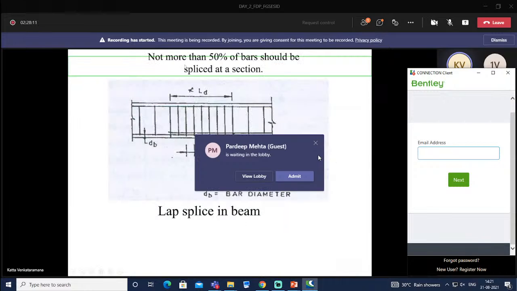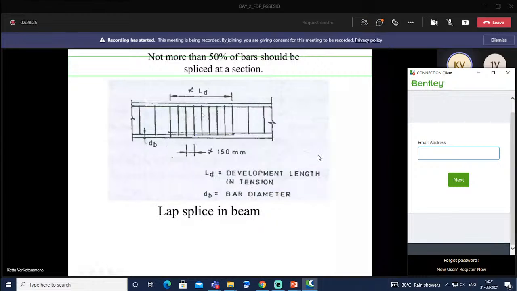And then splicing. Not more than 50% of bars should be spliced at a section. We saw one damage pattern in the Taiwan earthquake, where all the bars were spliced at one location, that is 100% splicing, which is not recommended. Not more than 50% of bars should be spliced.